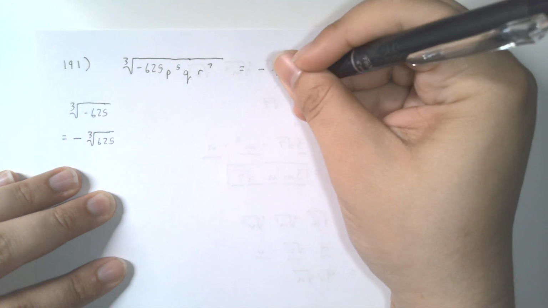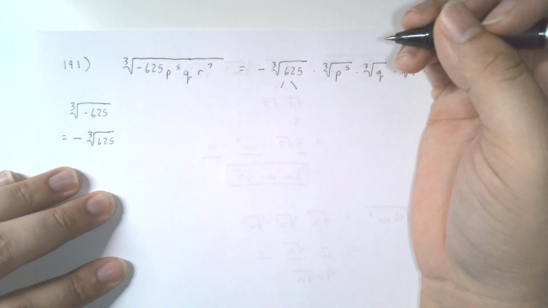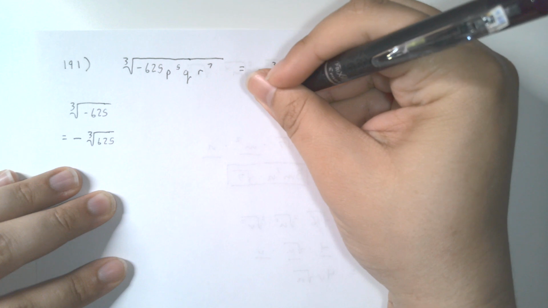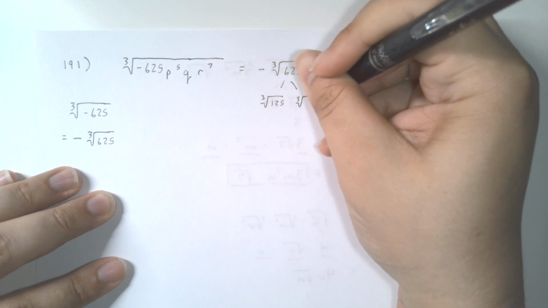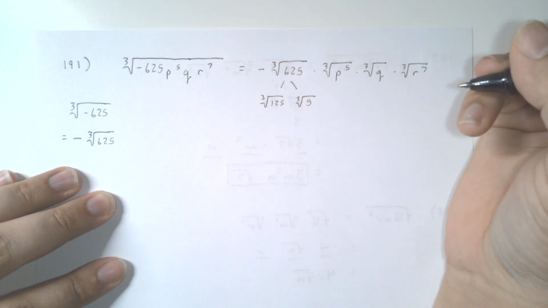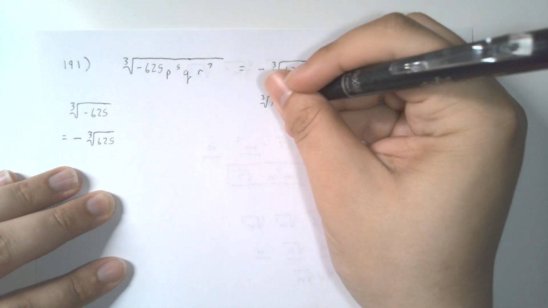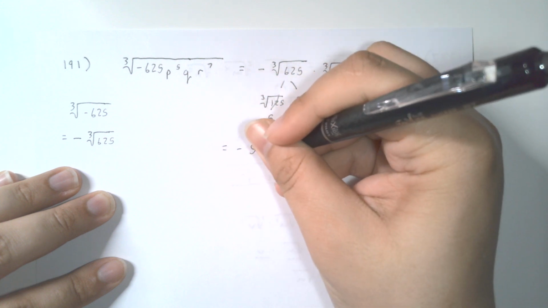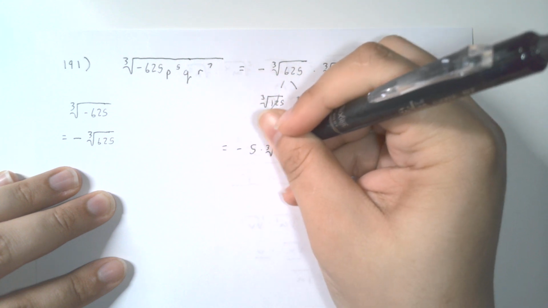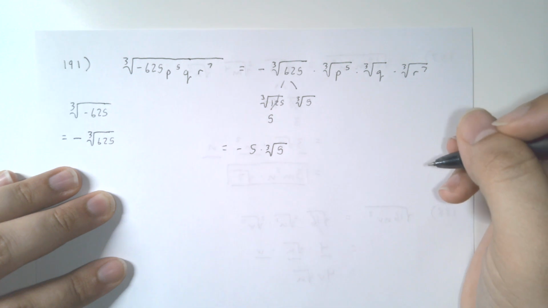So dividing 625 by the biggest perfect cube we can find, that would be the cube root of 125 and the cube root of 5. Well, the cube root of 125 is just 5. So we have negative 5 times the cube root of 5.